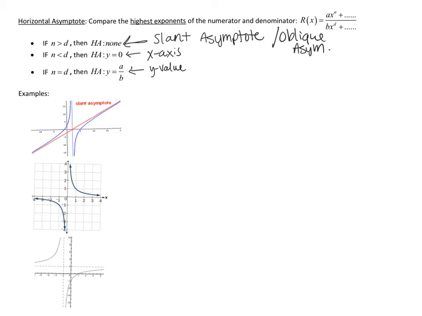We see that in the third case, our horizontal asymptote is actually at 2. If I look at this first graph, for our purposes, we would just say that there is no horizontal asymptote, and I'm just abbreviating horizontal asymptote as HA. In the next one, we notice that the graph itself is approaching the x-axis. Therefore, we would have a horizontal asymptote at y equals 0.